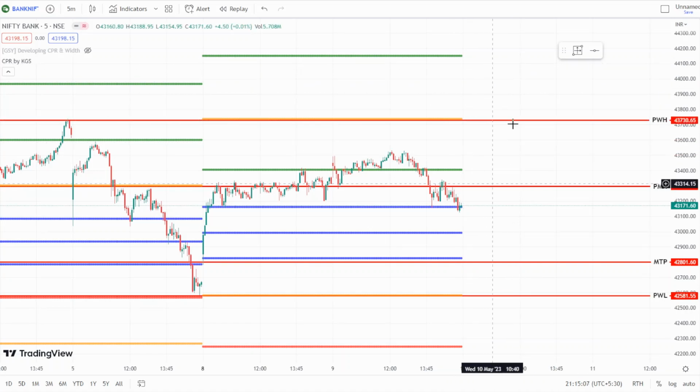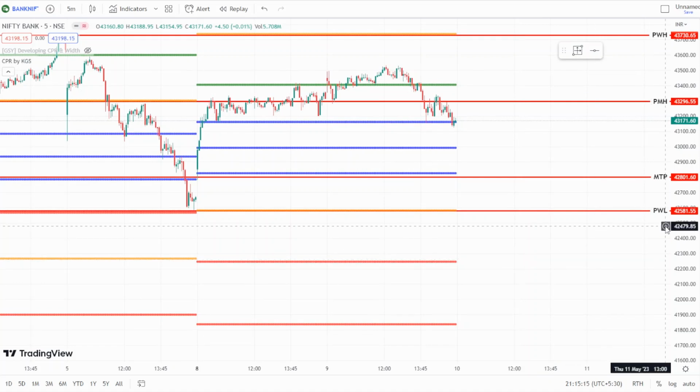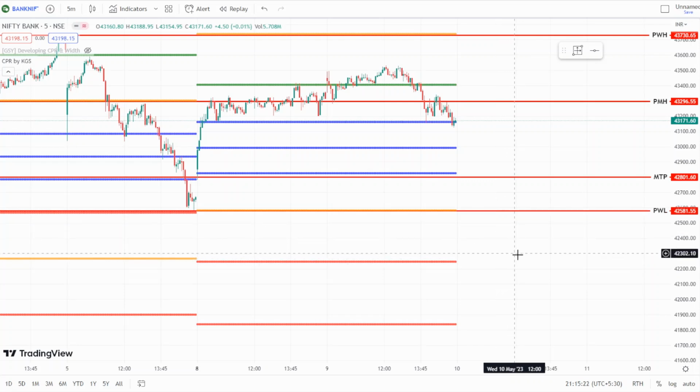It will just play in between this range, 43,730 and 43,200. But if Bank Nifty goes down, it has to break 42,581. After that, only you can see a good rally down or at the bottom side for this particular week only.